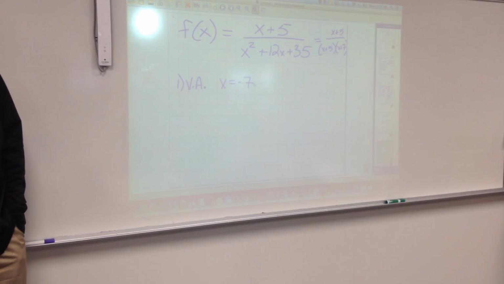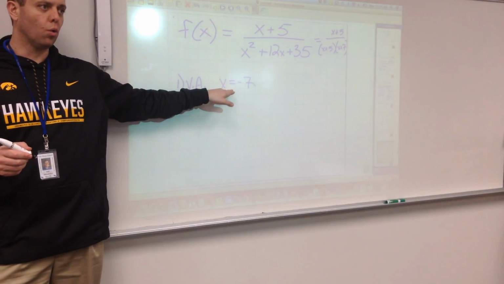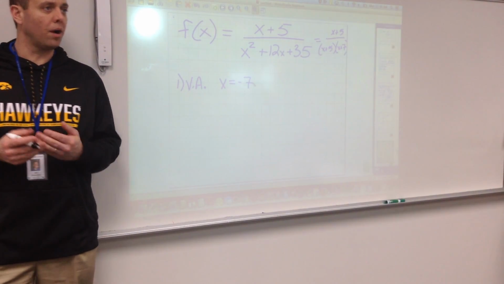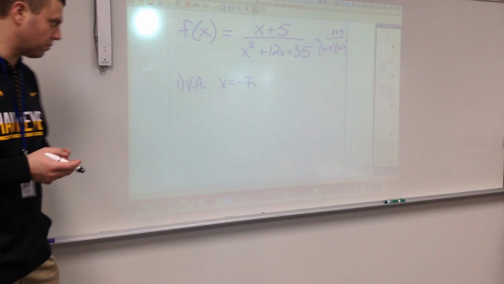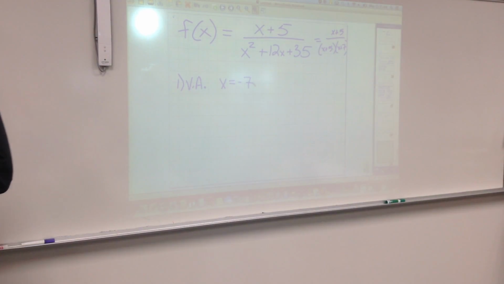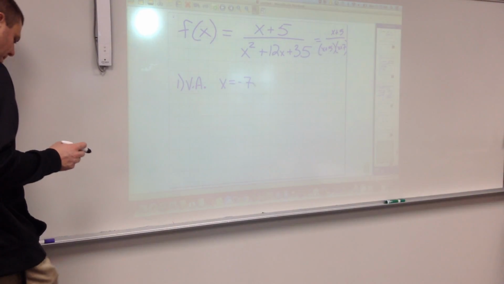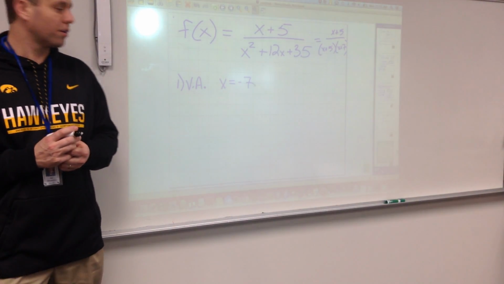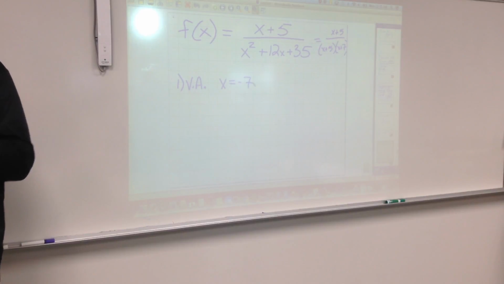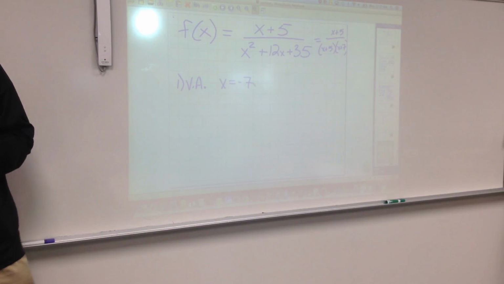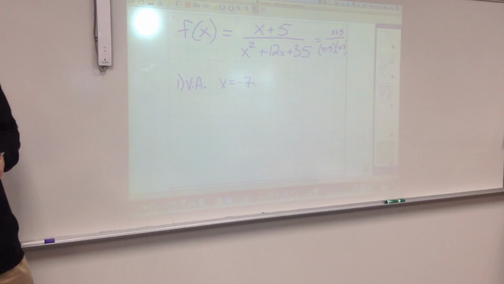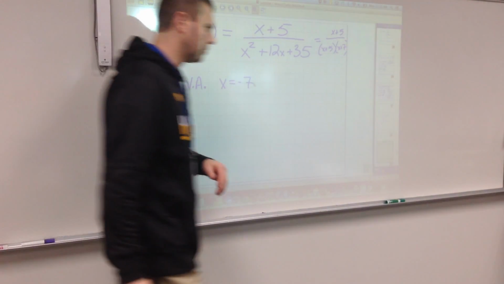So not only do you want to know where the vertical asymptote occurs, you might want to be able to explain how you know. One more time for those of you that just need to memorize it: the vertical asymptote occurs at the x value that makes only the denominator equal 0. So there's our vertical asymptote.